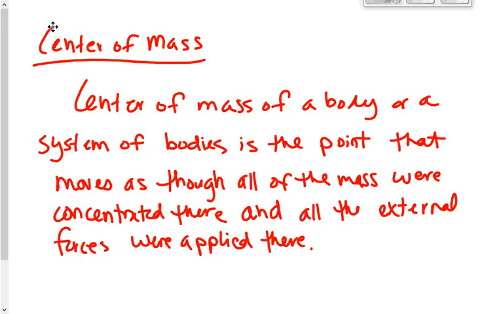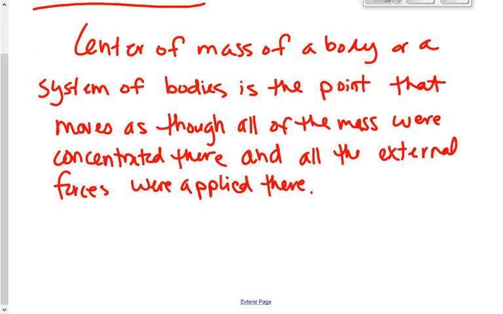Now, as with many things that we do in physics, there's the official definition that you find in the book, and then there's the more practical way of thinking about it. So another way of thinking about the center of mass is thinking about it as what I would call the balance point. So take a pen. If you're using a pen, your stylus is not the best choice.